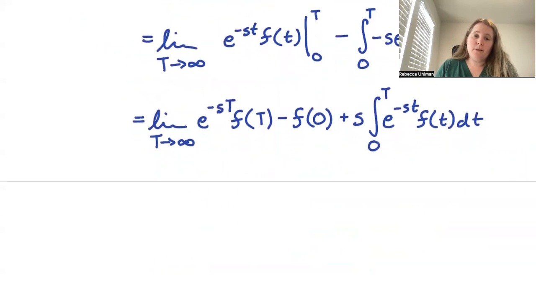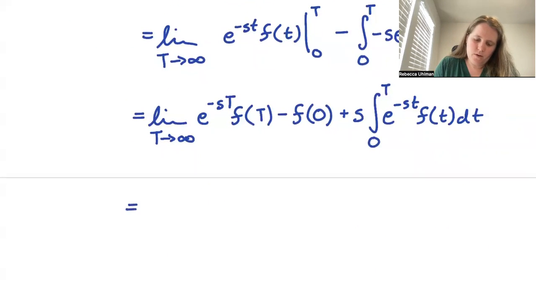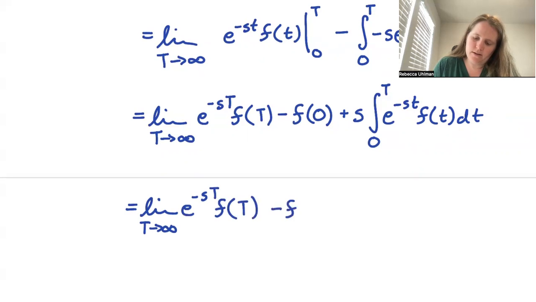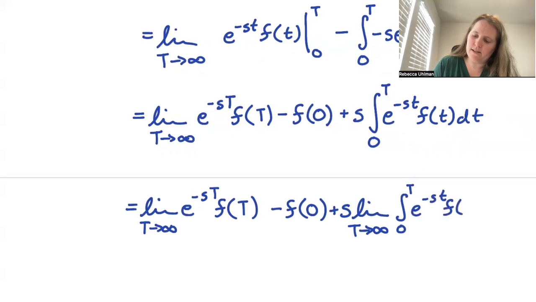If we split our limit, we have the limit as capital T goes to infinity of e to the negative sT times f of T, minus f of 0, plus s times the limit as capital T goes to infinity of the definite integral from 0 to capital T of e to the negative st f of t dt.